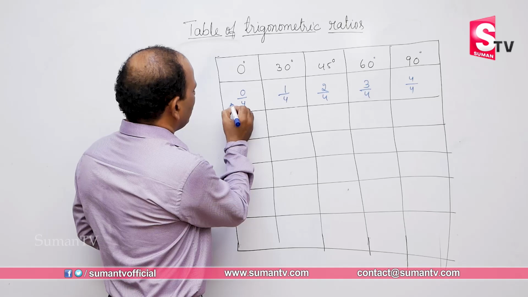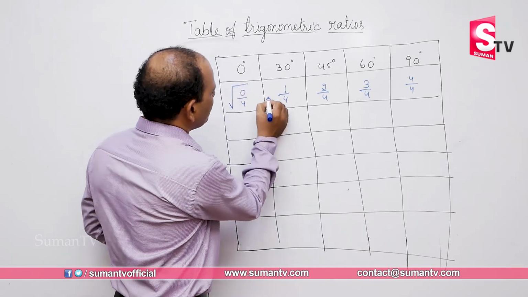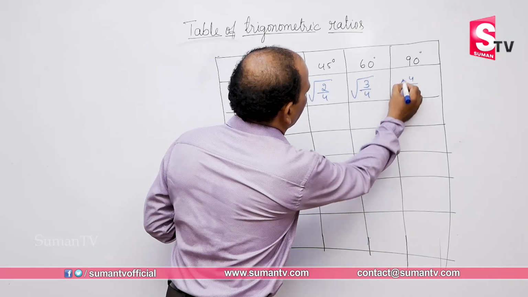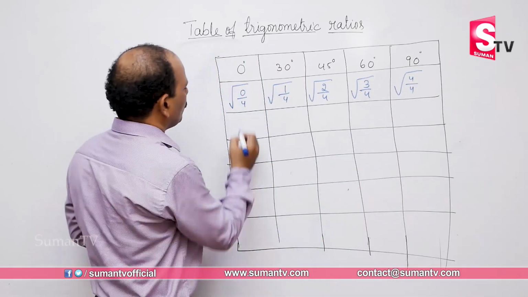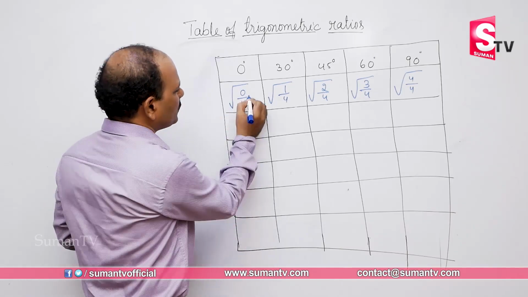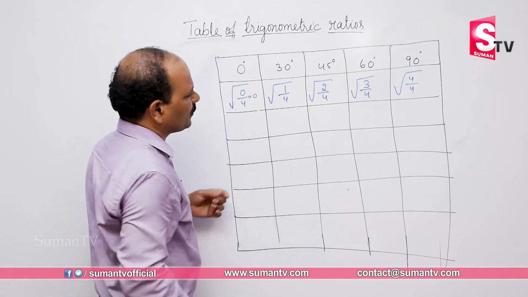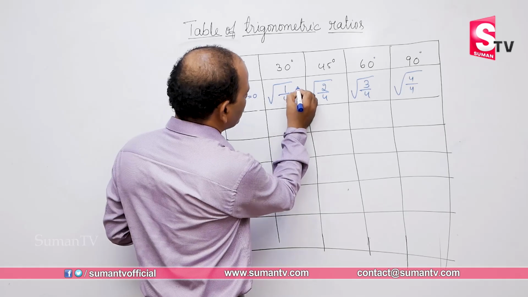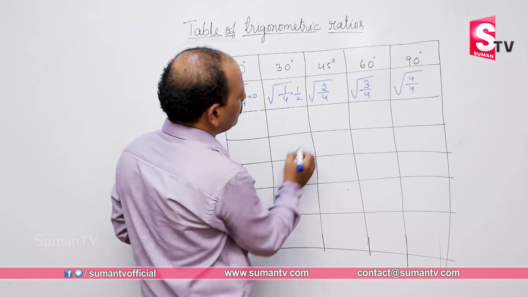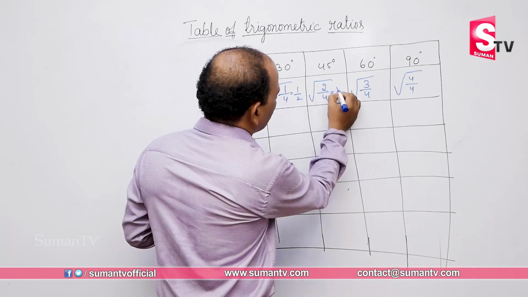Now take the square root of every number. 0 by 4 is 0, and the square root of 0 is 0. Square root of 1 by 4: square root of 1 is 1, square root of 4 is 2.